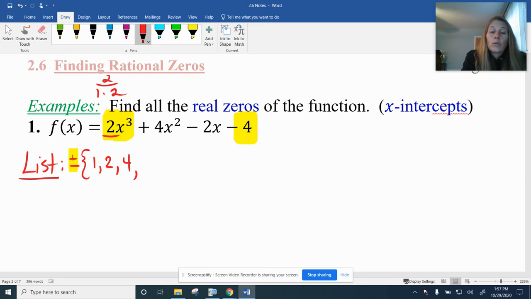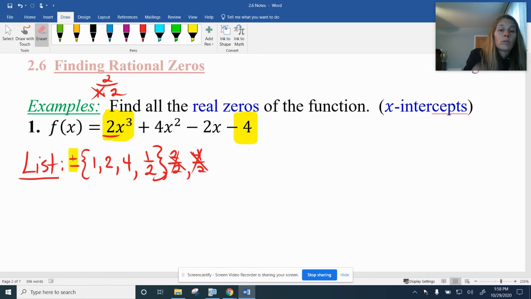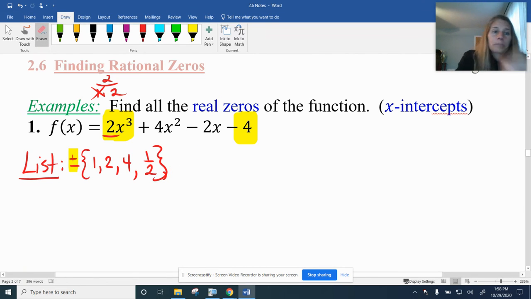When we listed all those whole number factors of 4, those were really already over 1. So now I'm going to relist those numbers over 2: 1 over 2, 2 over 2, and 4 over 2. However, we know that 2 over 2 and 4 over 2 reduce to 1 and 2, which are already in our list, so we're not going to include those.